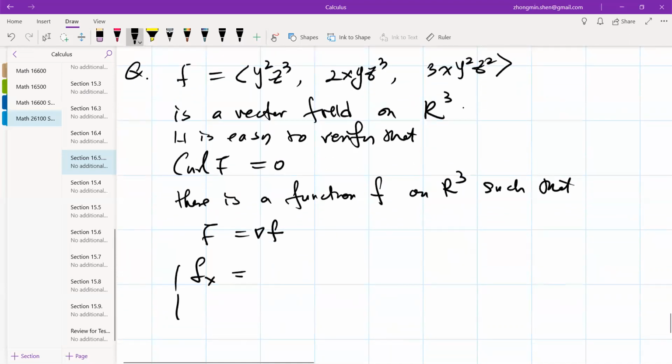So f sub x is y squared z cubed. F sub y is 2xyz cubed. F sub z is going to be 3xy squared z squared.